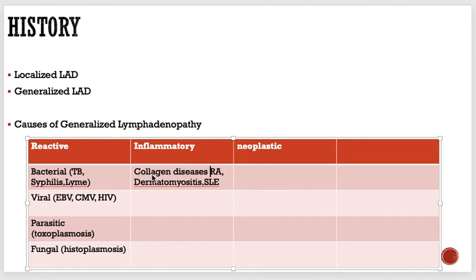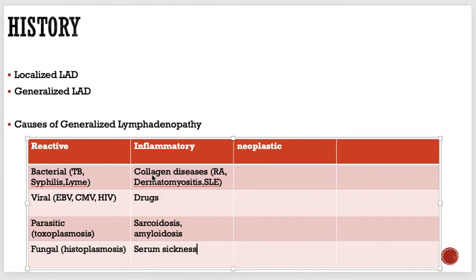So all the collagen diseases can for sure give lymphadenopathy. Drugs can give lymphadenopathy, and sarcoidosis or amyloidosis. These are infiltrative types of conditions, and serum sickness can also give it.